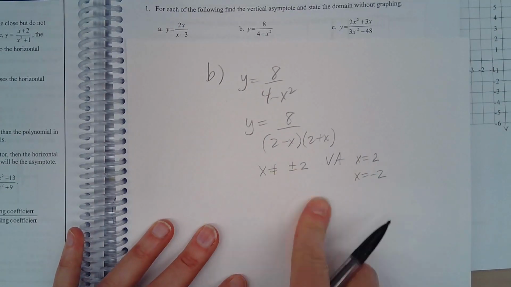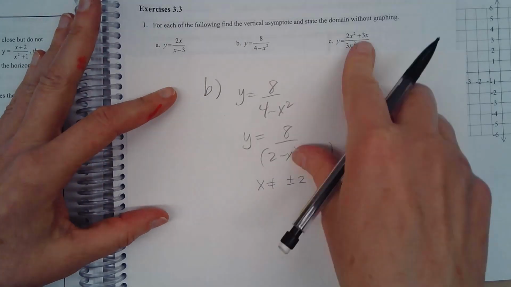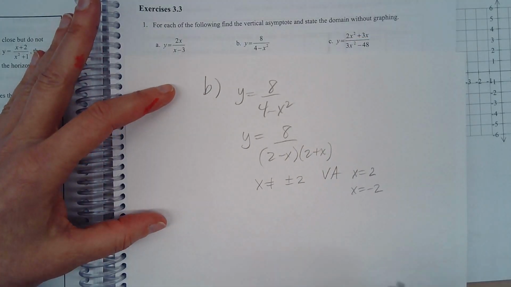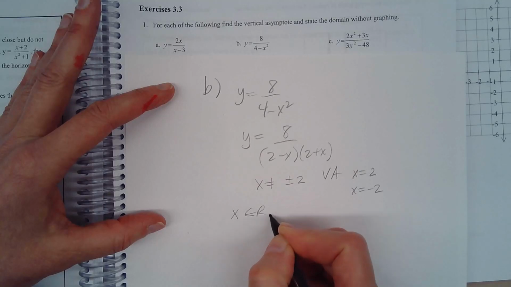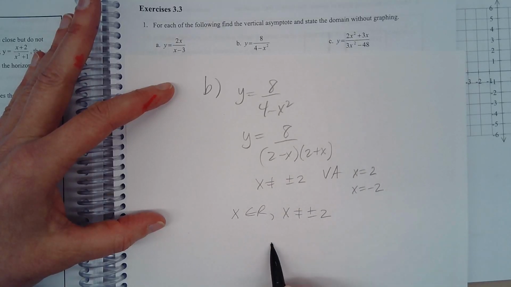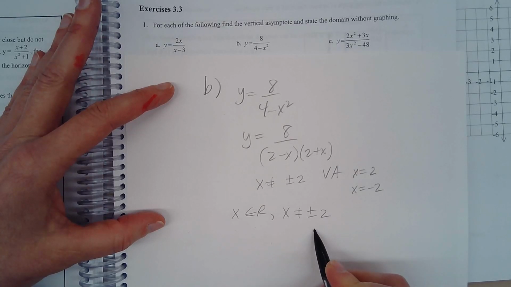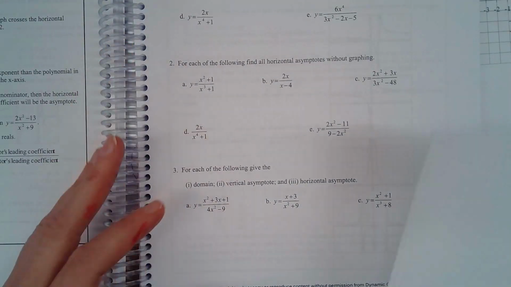That's why they asked you for the domain. So what would the domain of this graph be? That would be the easiest way to write it: x could be any real number, except not plus or minus 2. That's it. Agreed?